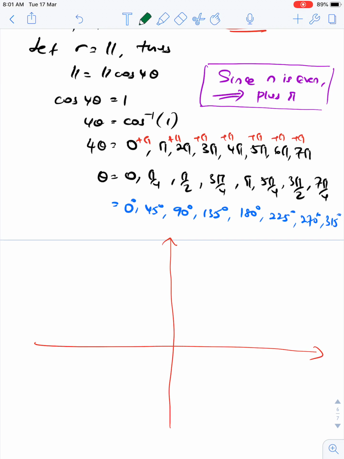Okay, first we have 0. So right here, this is theta equals 0. And then theta equals pi over 4 in the first quadrant. And then theta equals pi over 2, next is theta equals 3 pi over 4.